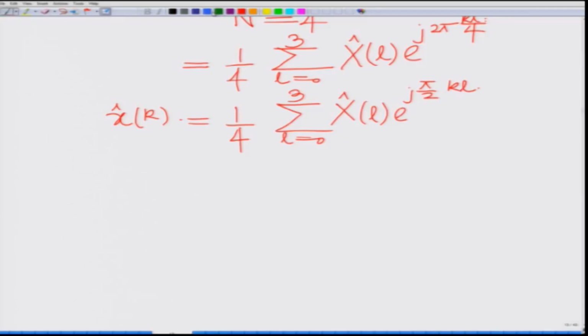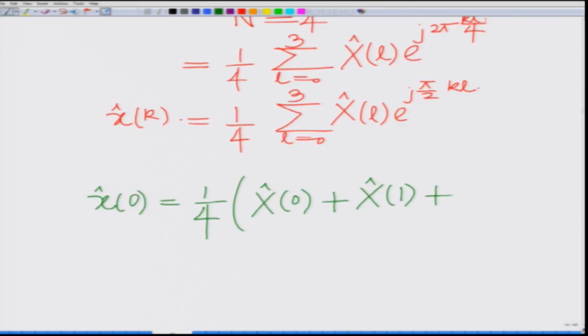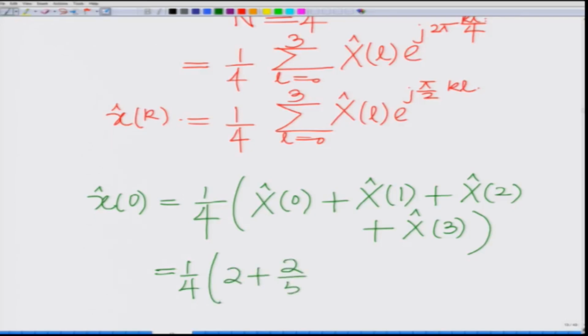Okay. And therefore, now let us compute the estimate of the symbol 0. Small x hat of 0, you can simply see, is 1 over 4 times capital X hat of 0 plus capital X hat of 1 plus capital X hat of 2 plus capital X hat of 3, which is equal to 1 over 4 times 2 plus 2 by 5, correct, and therefore, this is equal to 1 over 4 into 12 by 5, which is equal to 3 by 5.